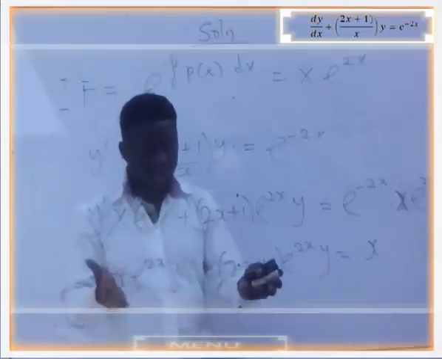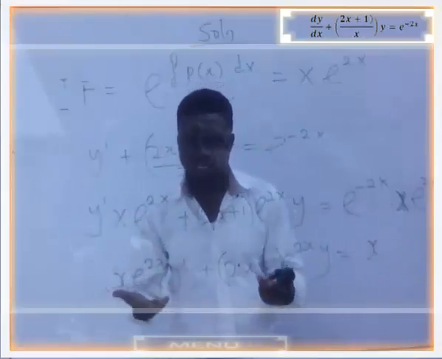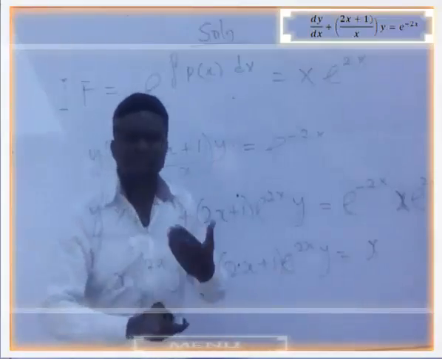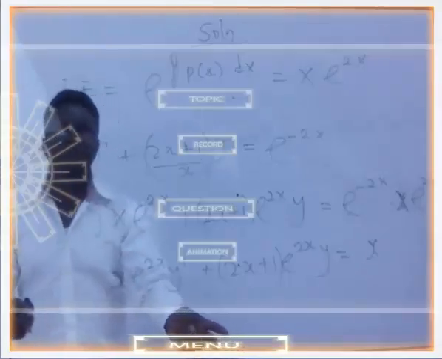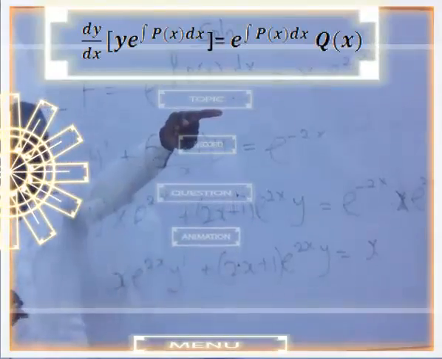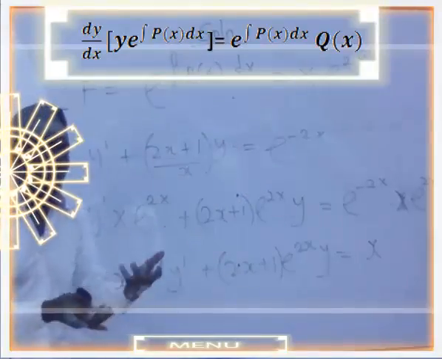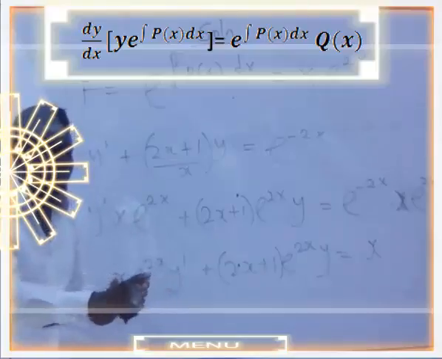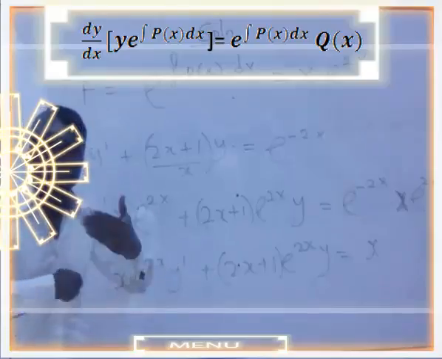At the left hand side, you have to figure out what you should differentiate to obtain this. As I've told you, whenever you want to figure out what should be differentiated to obtain the left hand side, it will always be y multiplied by your integration factor.